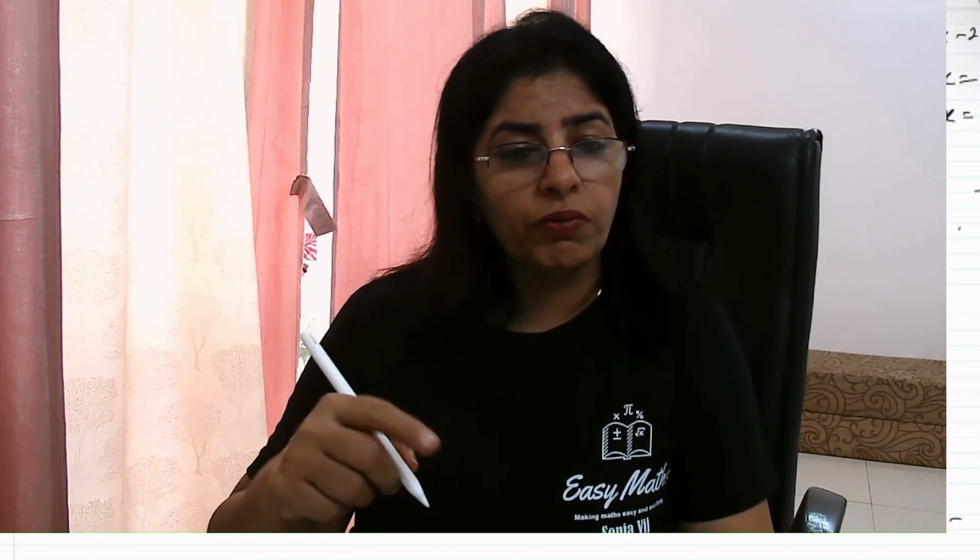That means we will change what we have to find into alpha plus beta and alpha beta. Taking 3 common, we get 3 into alpha plus beta plus alpha beta is equal to 0. Putting the values from here, 3 into 1 by 2 plus k by 2 is equal to 0. It implies k upon 2 is equal to minus 3 upon 2. It implies k is equal to minus 3.